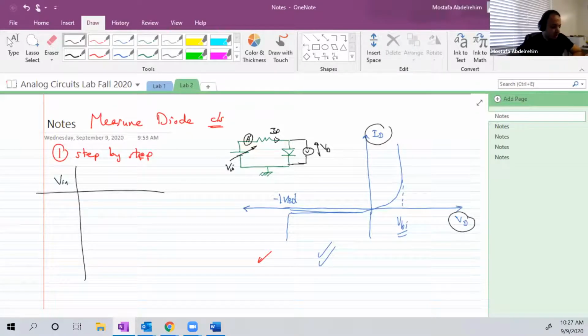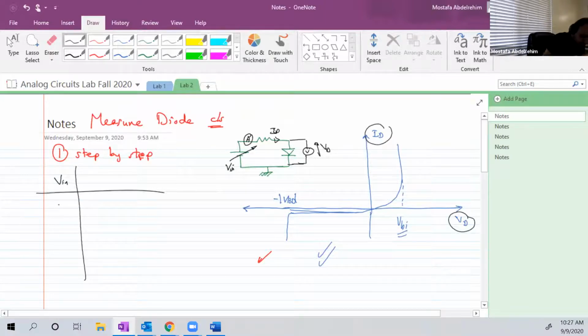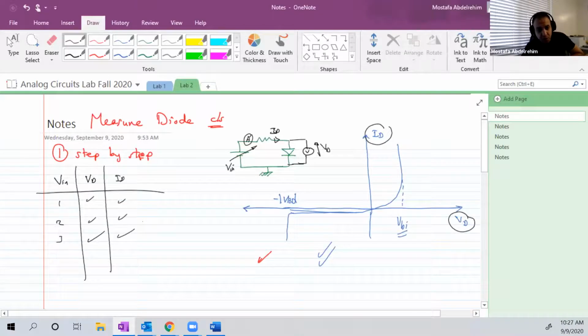So in order to change VD, we're gonna change the input voltage or the battery voltage itself. Okay. So for each value, for example, 1, 2, 3, whatever, we're gonna check the VD value, the voltage drop across the diode, and we're gonna check the ID value, the current that goes through the diode. Okay, this is using the first technique here.